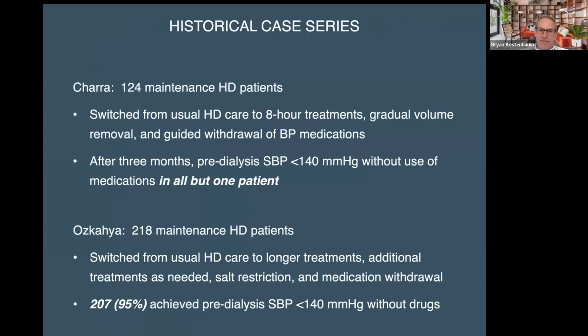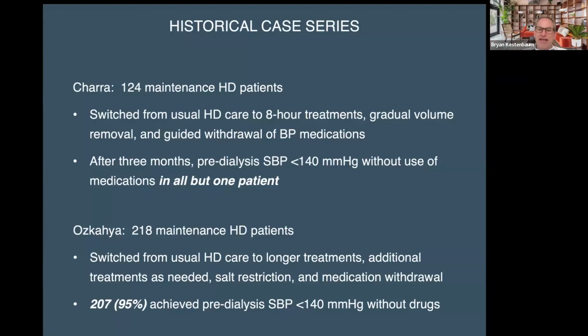In the case of the Tassin experience, 8-hour treatments, gradual volume removal, and always in the historical case series, parallel withdrawal of blood pressure medications, so you can get the weight down without getting hypotension during dialysis. These studies report just incredible results.